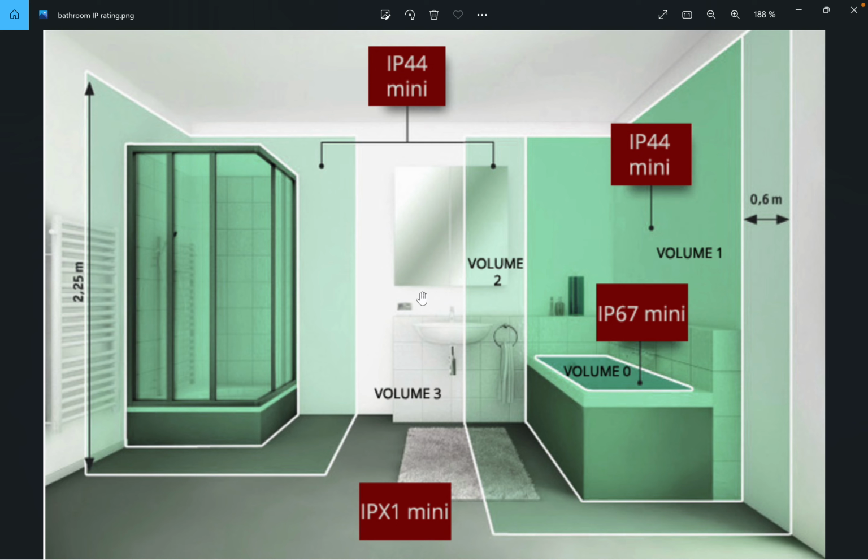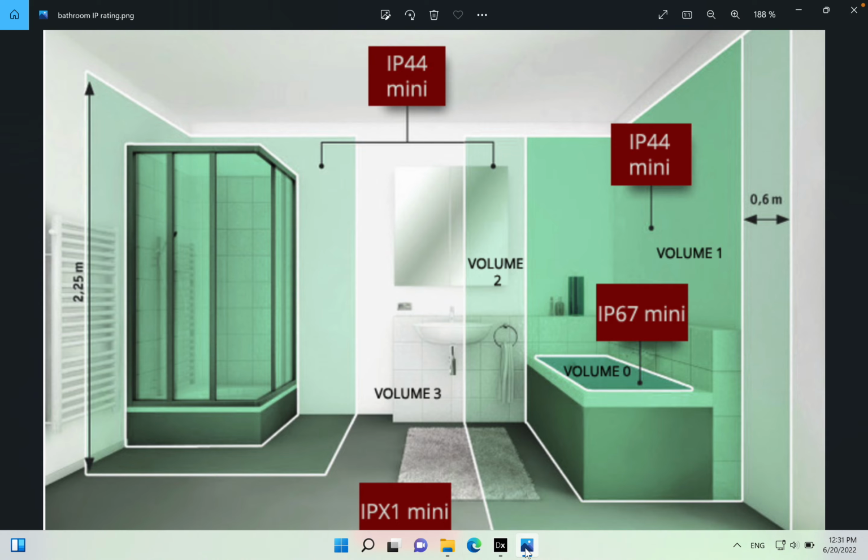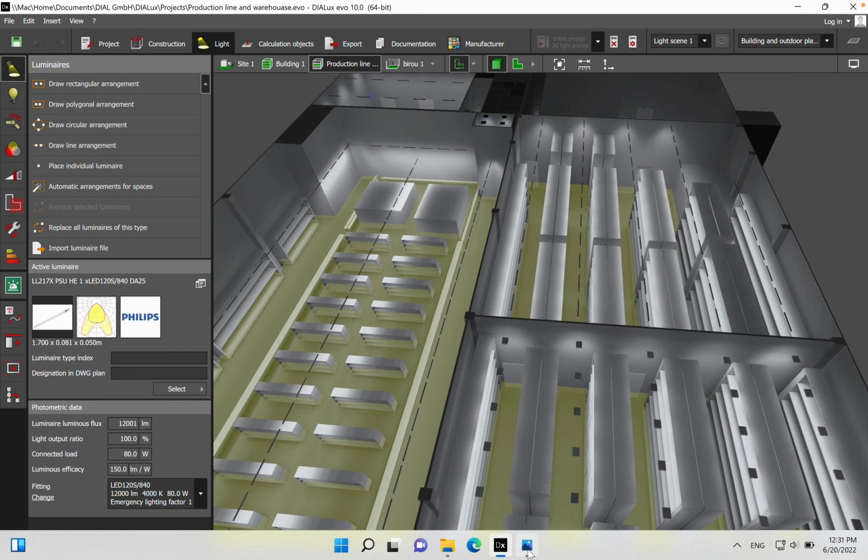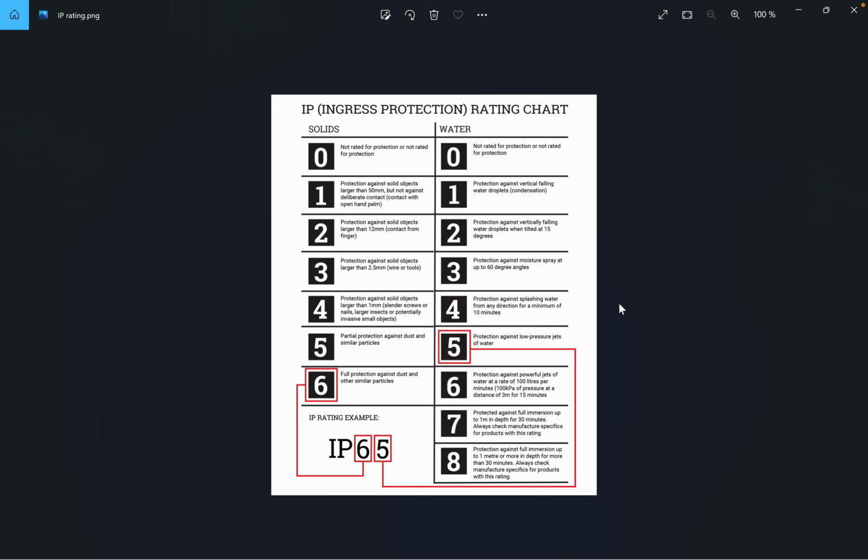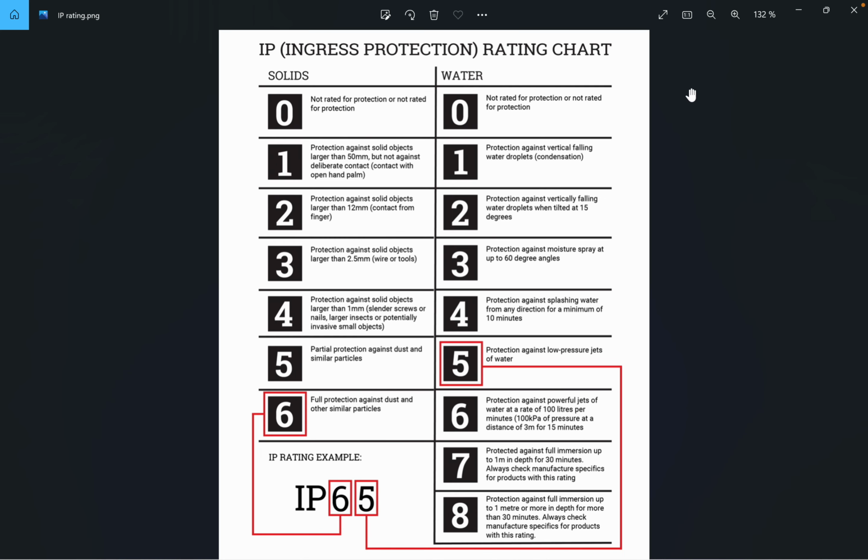And in volume 3, as is stated here on this area, you need at least an IP, they say X1 or O01, so you need at least, let's see the one, what was standing. We will go on the ingress protection chart.